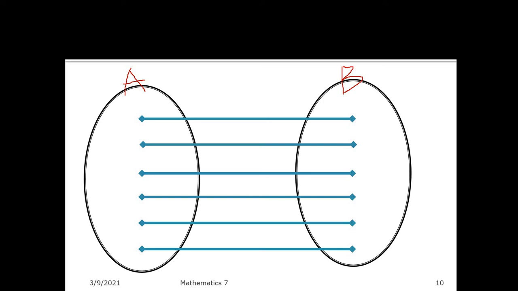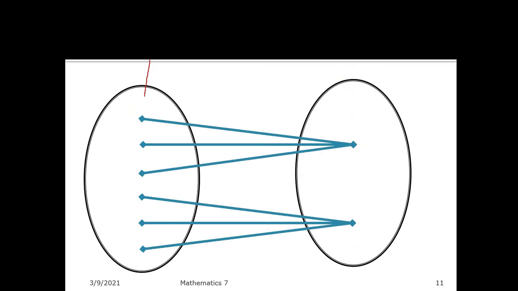This is a relation, but a special kind of relation, because each element of the first set is paired with exactly one element in the second set. This is a function, a special kind of relation.